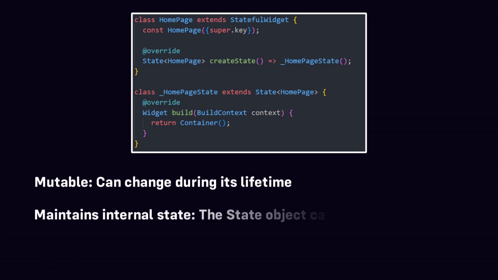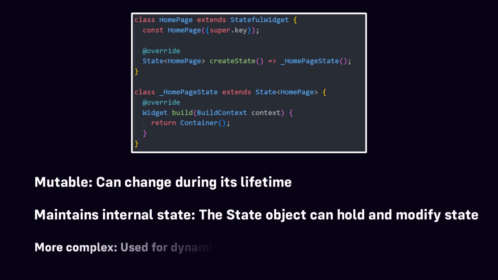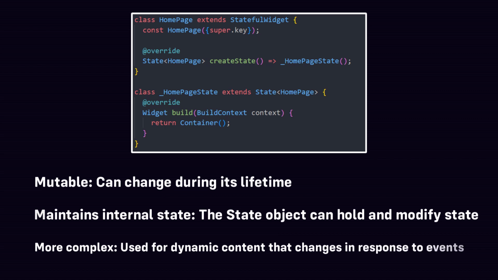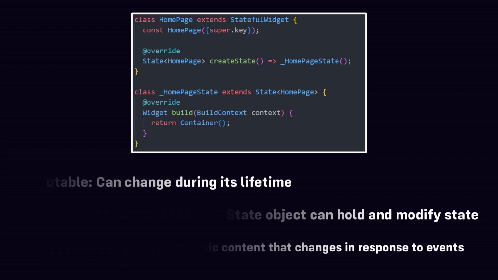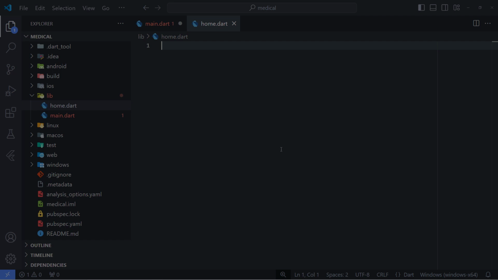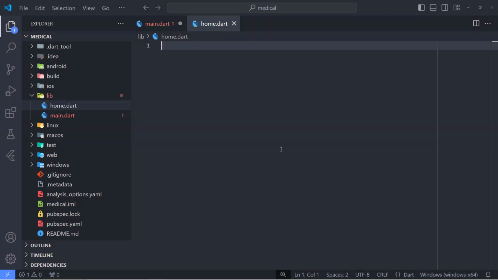The state object associated with the stateful widget holds the mutable state, and the widget can be rebuilt whenever the state changes. I want to use stateless because we don't need to change the state for now, but later we will need to use stateful. I will tell you where.